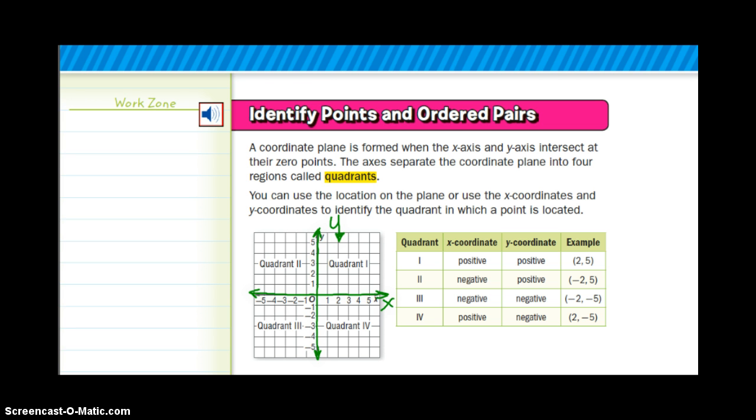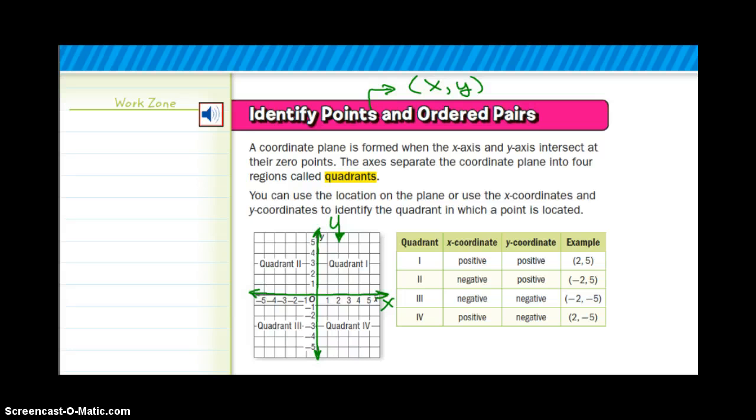Again, here's the x-axis. When we write a coordinate pair or a point, we're labeling it x, y. Notice in the alphabet that the x comes before the y. That will help you remember when you're ordering your pair.